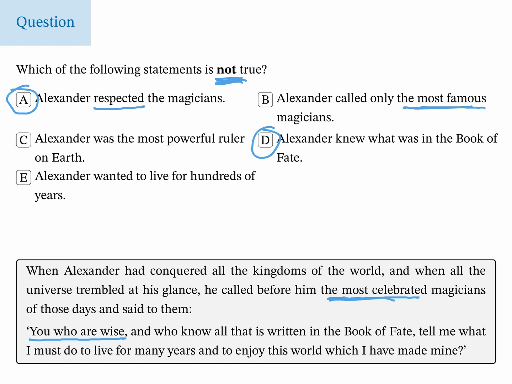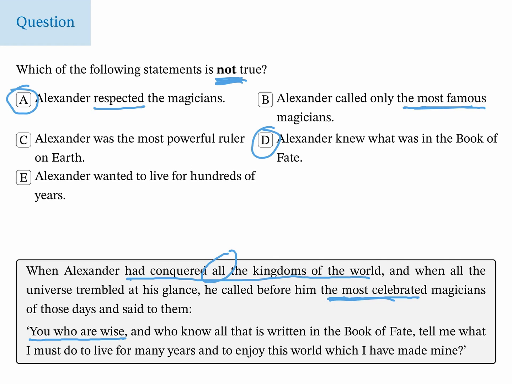Yes, it's true, they're the most celebrated magicians. C, Alexander was the most powerful ruler on earth. Okay, we see that he had conquered all the kingdoms of the world. So we can see that he definitely is the most powerful ruler on earth. There are no kingdoms left. He has all of them.